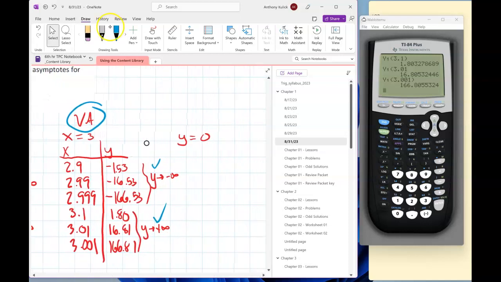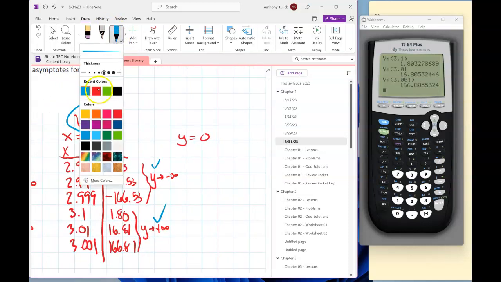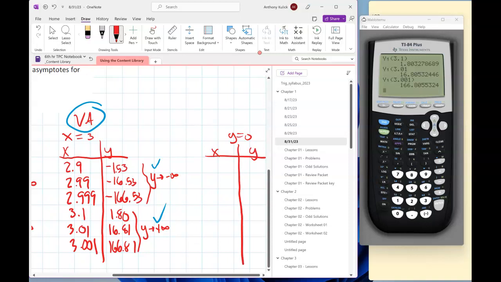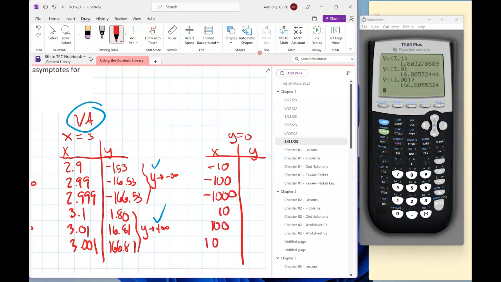Last one to look at is the y equals. Now, for a horizontal asymptote like this, the table's going to look a little bit different, because here what I want to do is look at the y values when the x's get very big or very small. So I'll just pick some progressively smaller and smaller x's and progressively bigger and bigger x's.